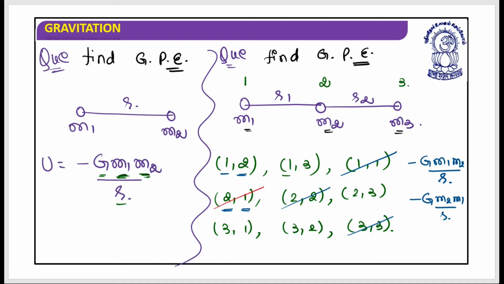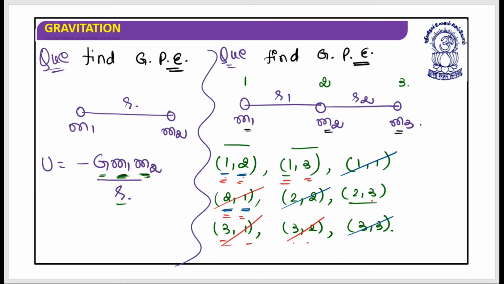So repetition of pairs should not be there. 1 comma 2 and 2 comma 1 is a repetition. Same way here, 1 comma 3 and 3 comma 1 is a repetition, so cancel it. Here 2 comma 3 and 3 comma 2 is a repetition, so cancel this. I hope this is clear. So I have been left with only these pairs: 1 comma 2, 1 comma 3, and 2 comma 3.